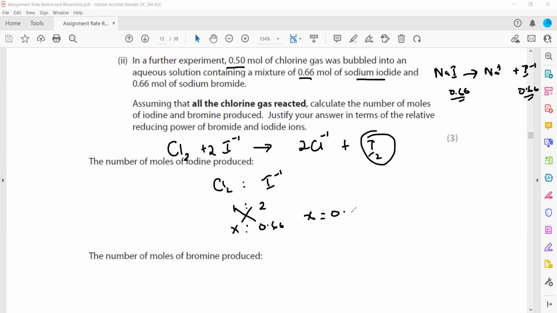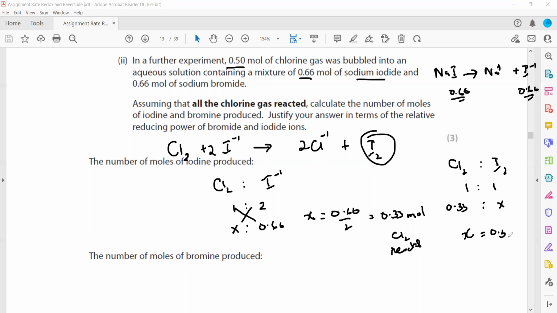Cross multiply: 0.66 divided by 2, so 0.33 moles of chlorine reacted. From this 0.33 moles of chlorine, how many moles of iodine are there? The ratio between chlorine molecule and iodine molecule is 1 to 1. So we'll get 0.33 moles of iodine, the same number of moles.